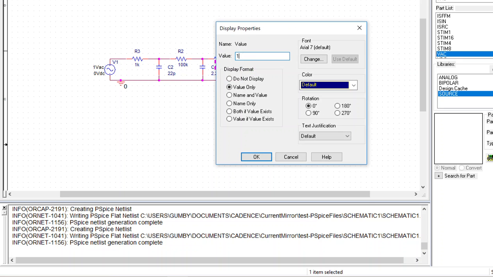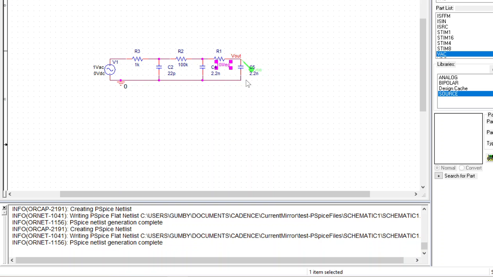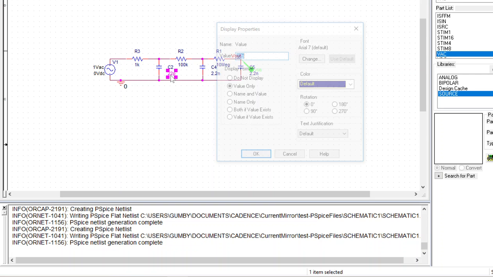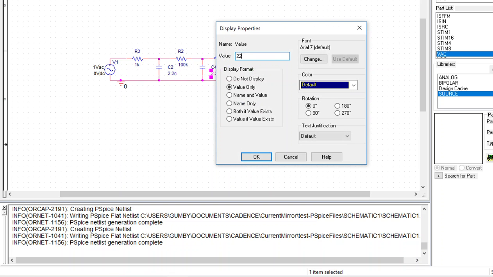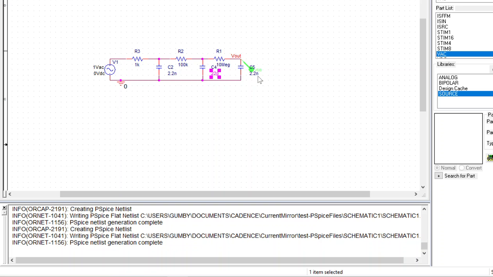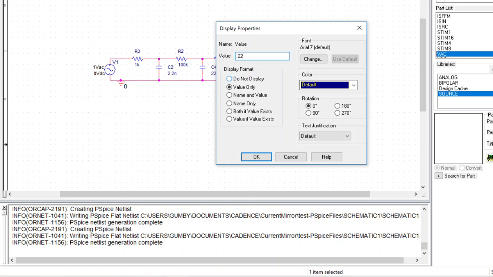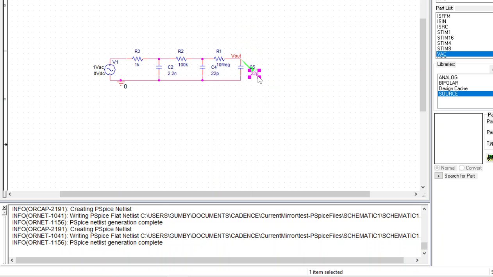One meg or 10 meg. Oh, wait, this is still supposed to be 2.2 nanofarads. It's this one here that's 22 picofarad. And then this becomes 0.22 picofarad. Okay, so then we run it.